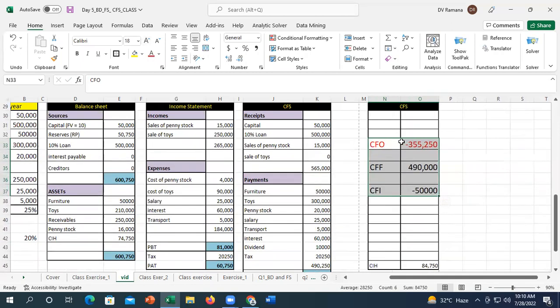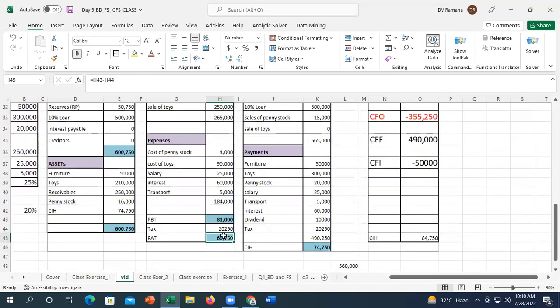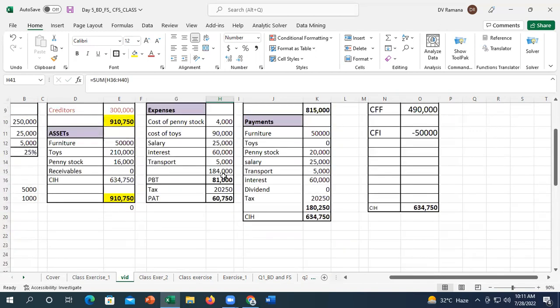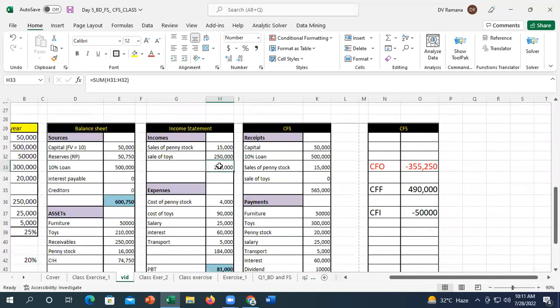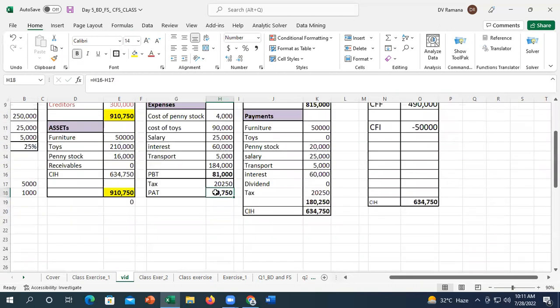So that is an important part. Same PAT, 60,750, 60,750. Sales are same. All expenses are same. Expenses are 184, 184. Income is 265, income is 265.